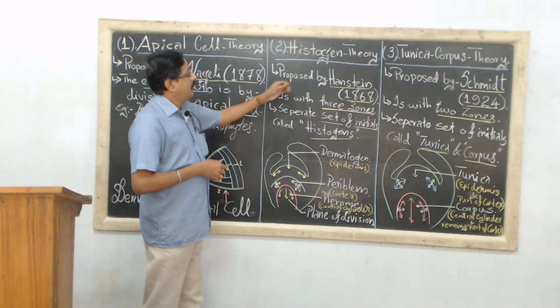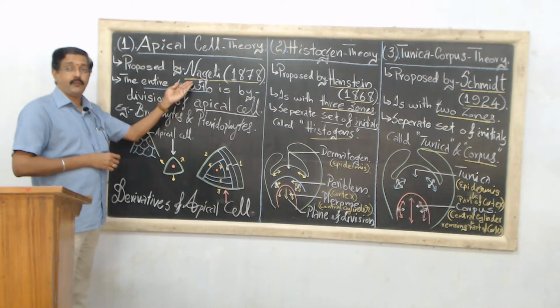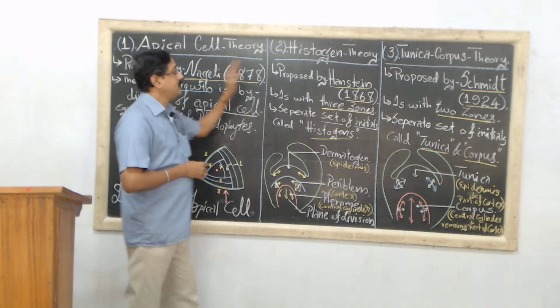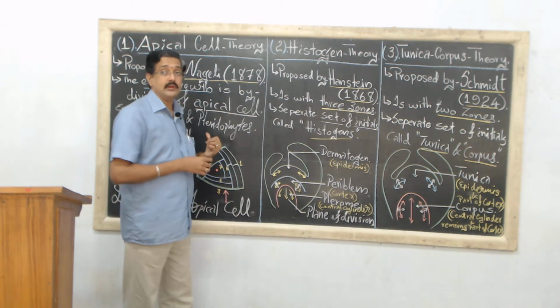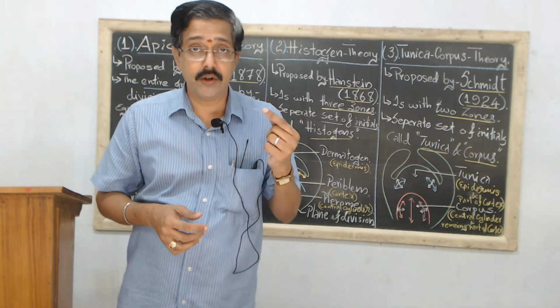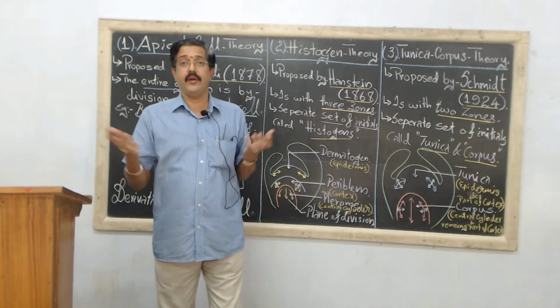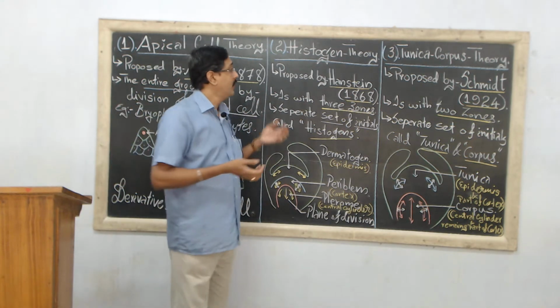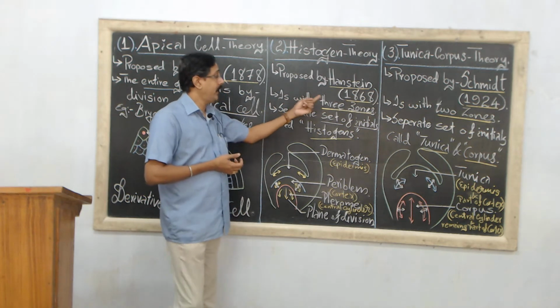In contrast to the theory of Nageli, Hanstein proposed that there are no such repeated divisions from a single apical initial into planes 1, 2, 3, 4, 5, 6 and 7.